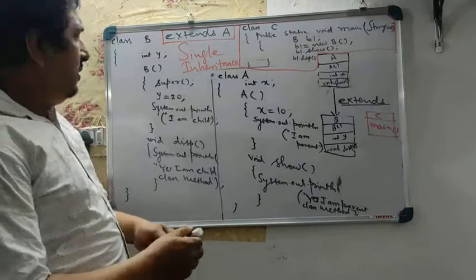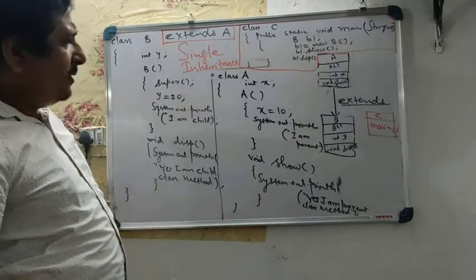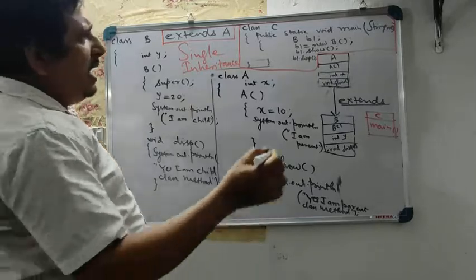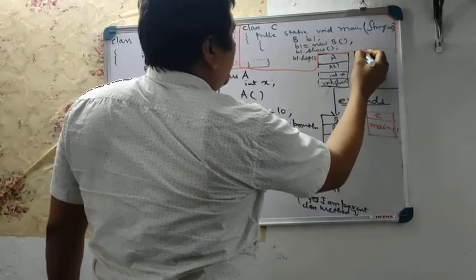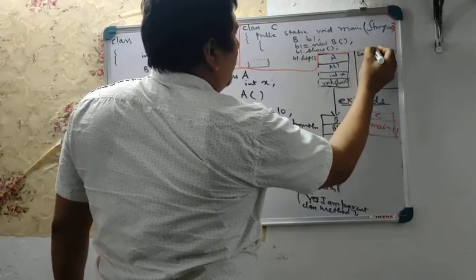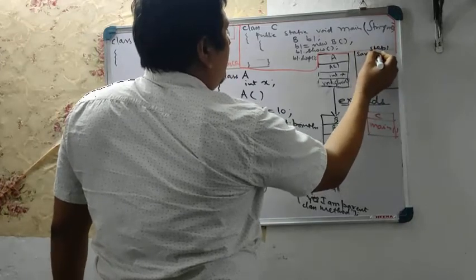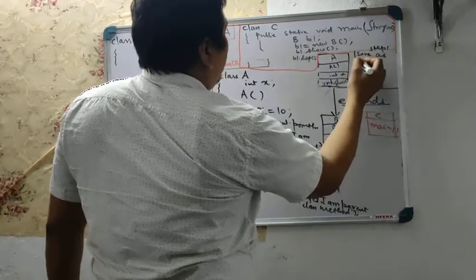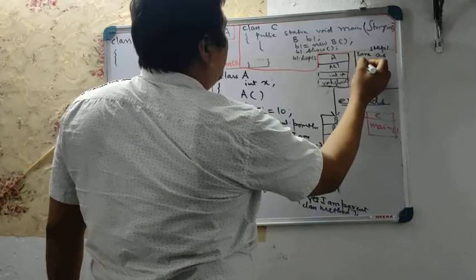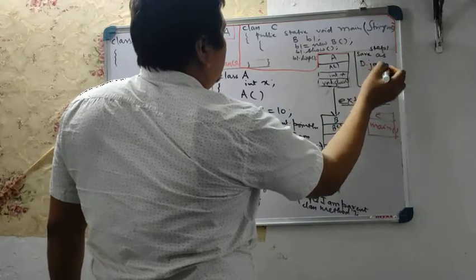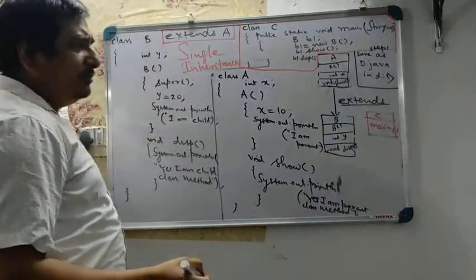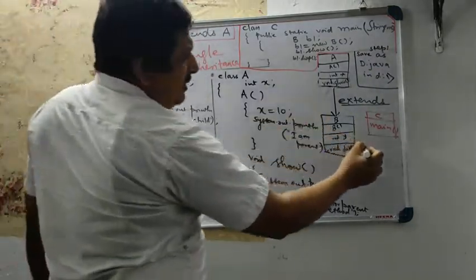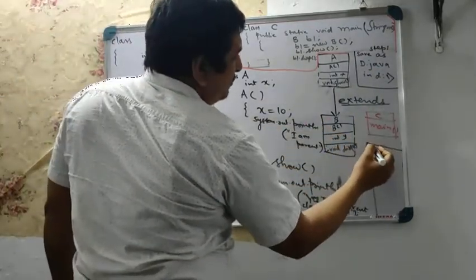Okay, so let us try to execute our program. The first step, as you know, step 1, we need to save. So save as d.java in D drive, no problem. So step 1 is over. Now we go to step 2.